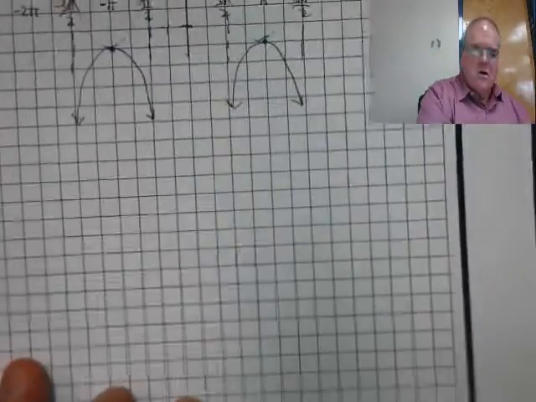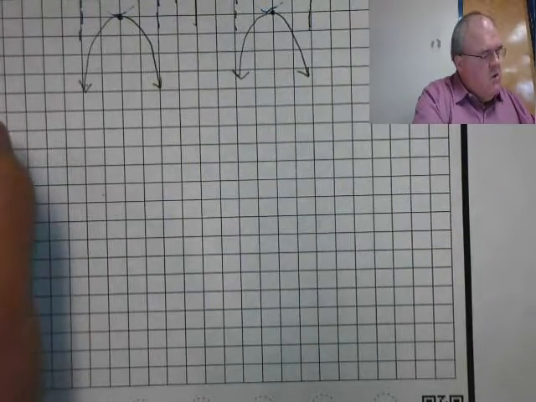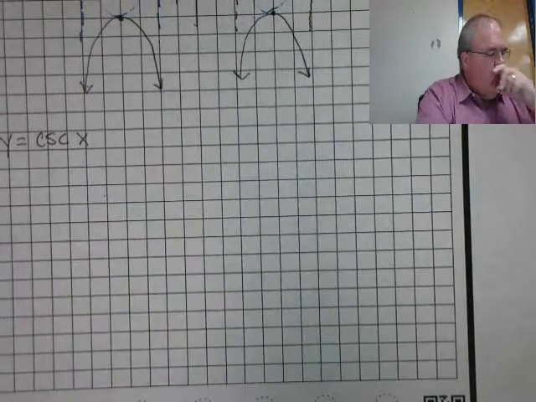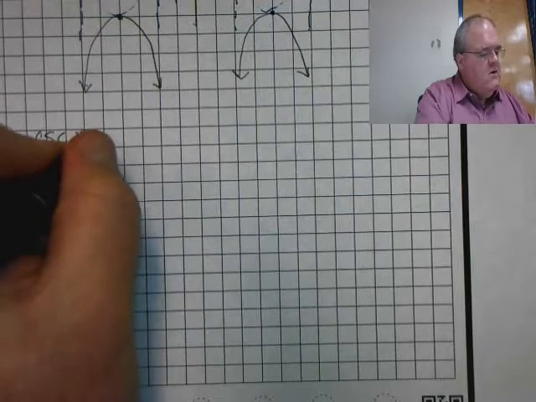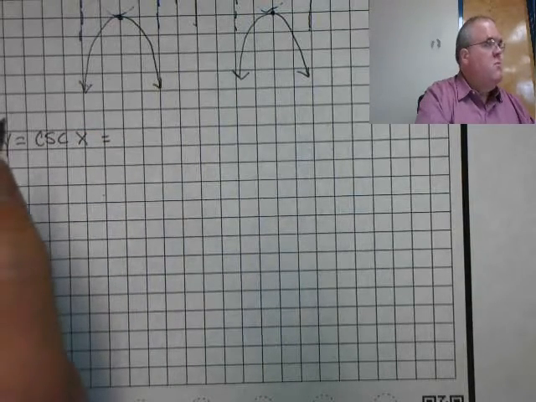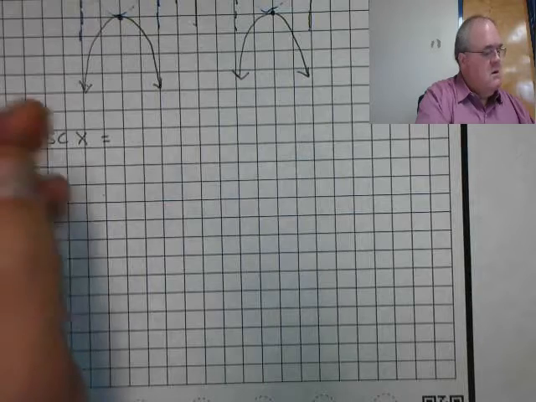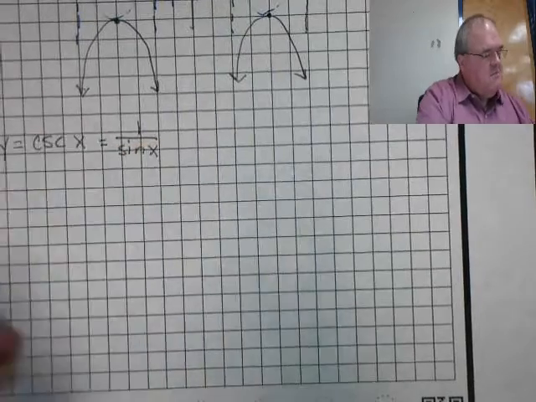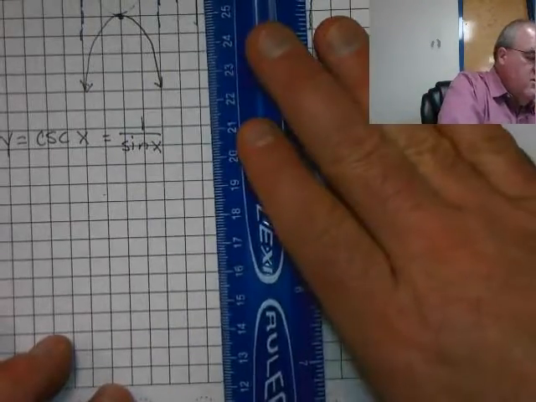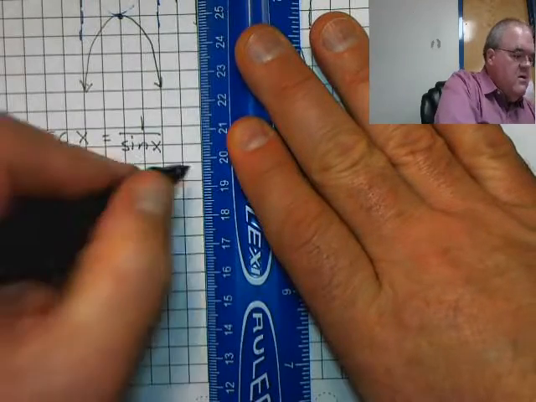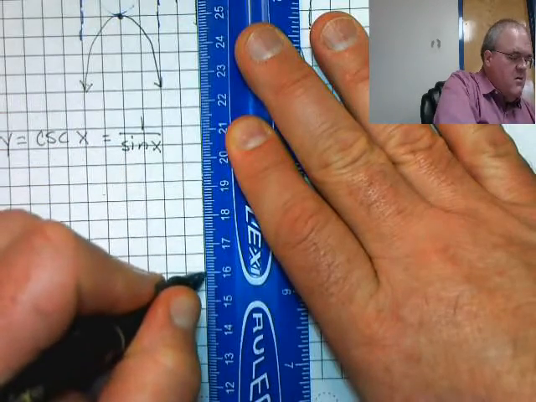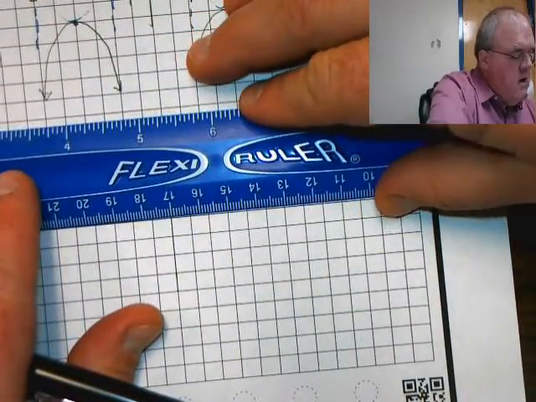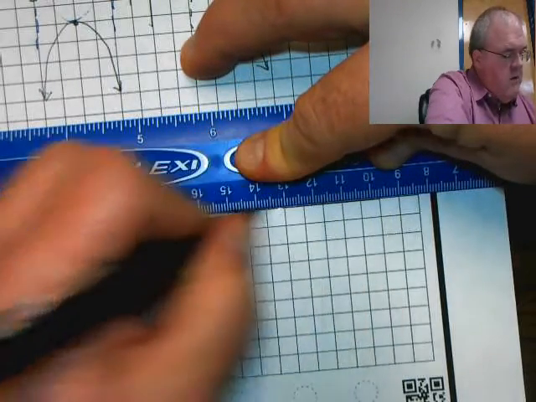So let's now look at the general form, the y equals, for the cosecant curve. Cosecant is the reciprocal of what? It's the reciprocal of sine. So I'm going to have my sine curve.